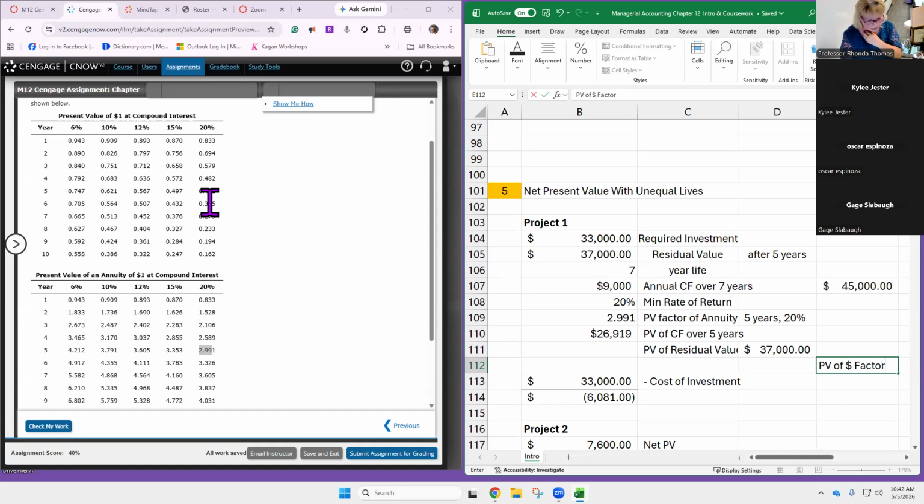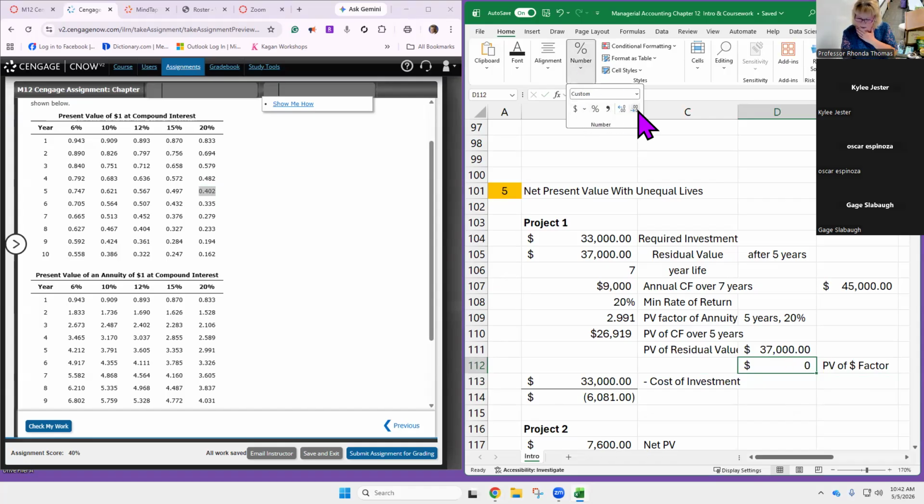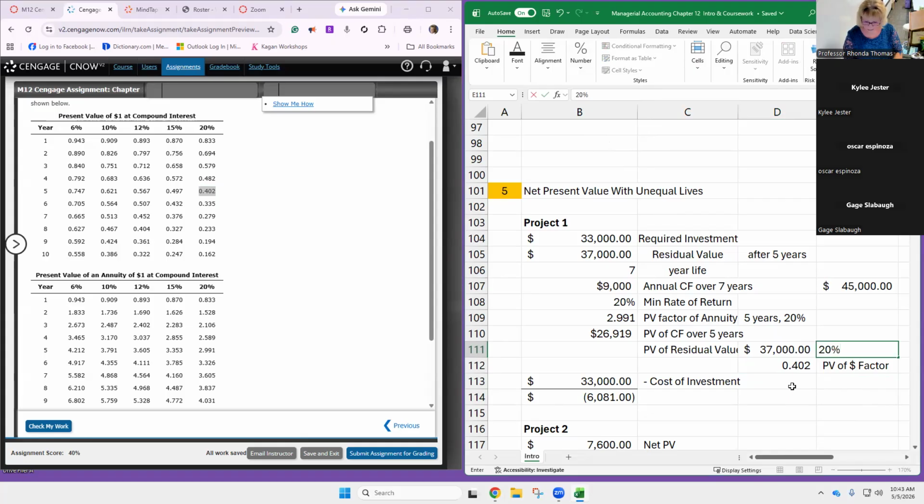So 20% and 5. So we're going to use 0.402. I'm going to put that here, 0.402, and leave that as a number and use all of the decimals that are there. And once again, that is 20% for 5 years. That's where I got that factor.